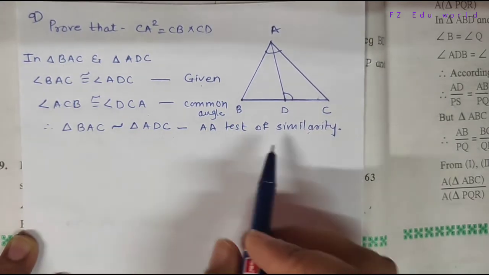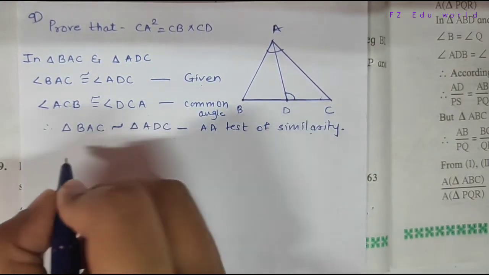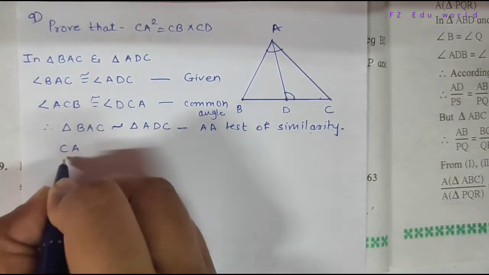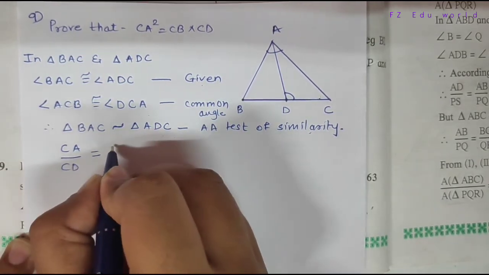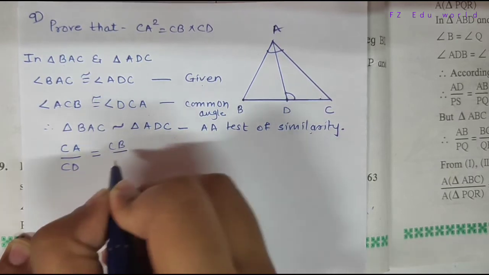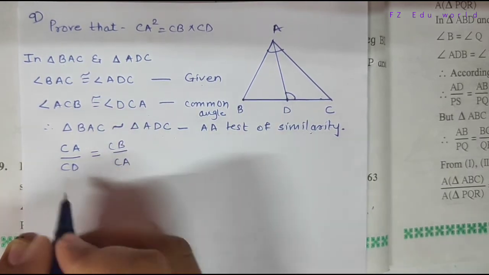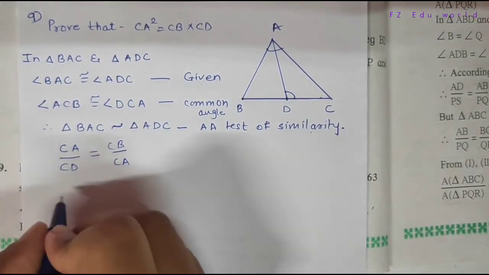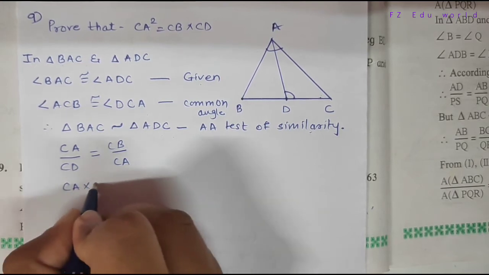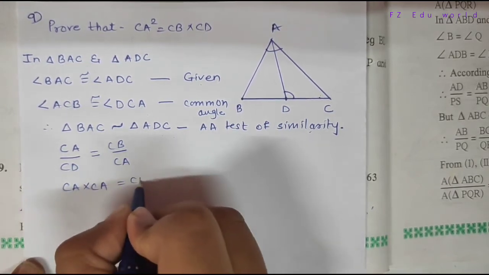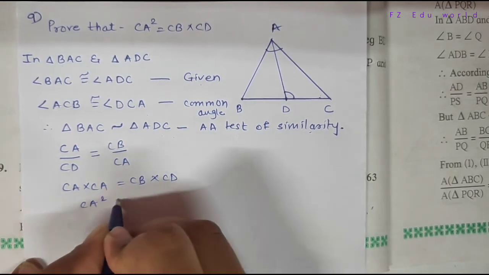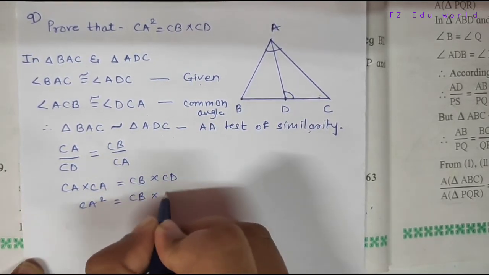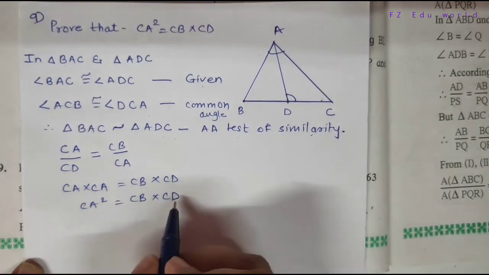Now these triangles are similar, so we can write their sides in proportion. CA upon CD is equal to CB upon CA. Now by cross multiplying, CA into CA is equal to CB into CD. So CA square is equal to CB into CD, which we need to prove.